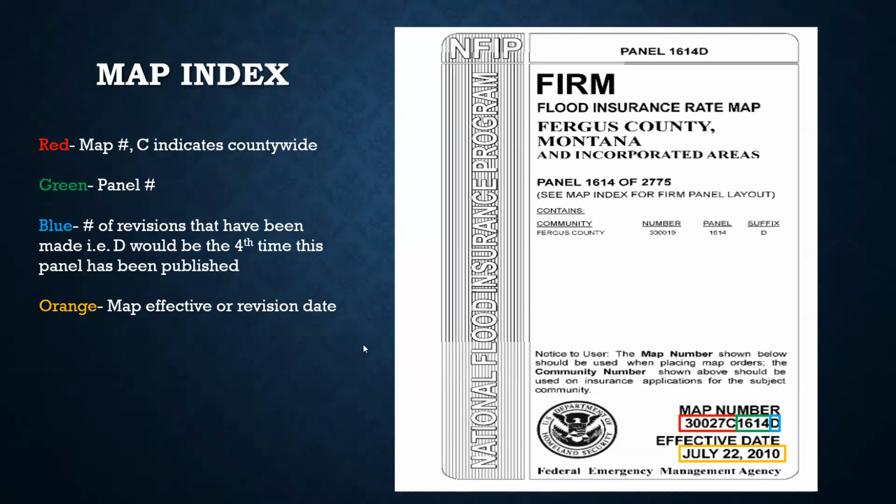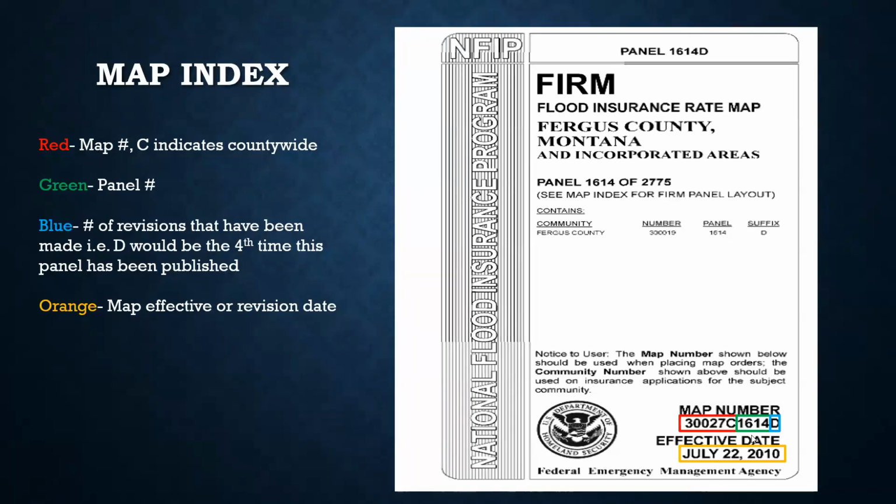Okay, so your map index. This is something to kind of memorize a little bit. Your map index is your map number, C, which indicates countywide. And the green box down here is your panel number.